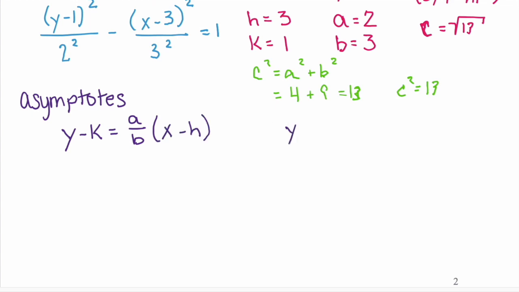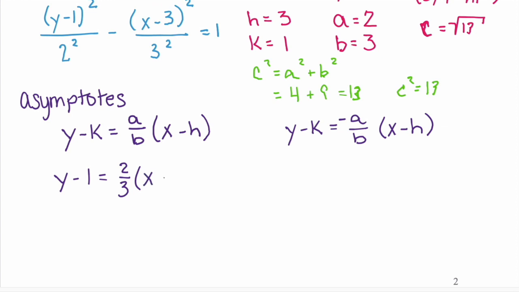And the other one is y minus k equals a over b negative times x minus h, right? One needs to be positive and one needs to be negative so that they'll make that cross pattern. Now we can substitute in everything that we listed as known above. So y minus 1 equals 2 over 3 times x minus 3.